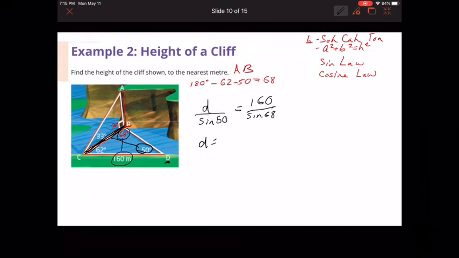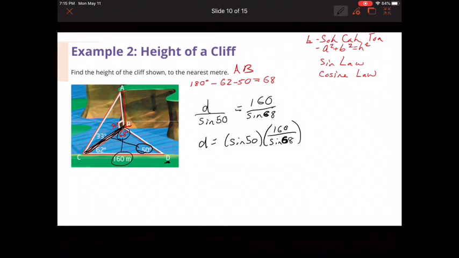So again, multiply by sine 50 on both sides to move it to the other side. 68.